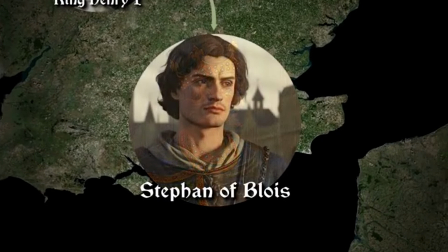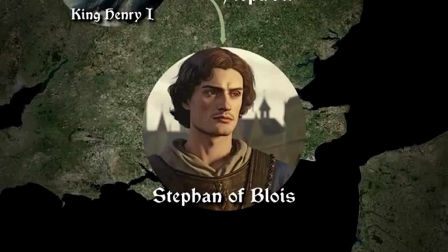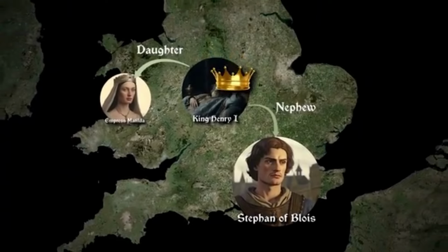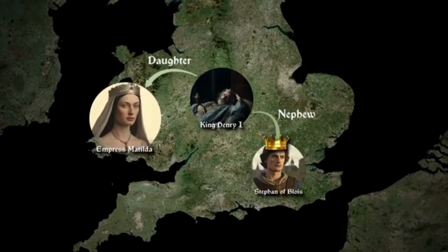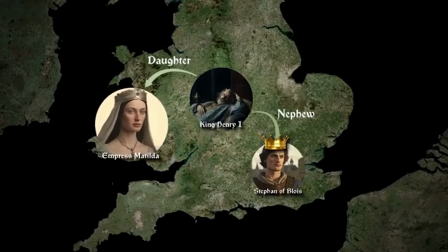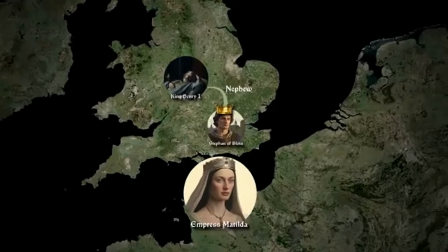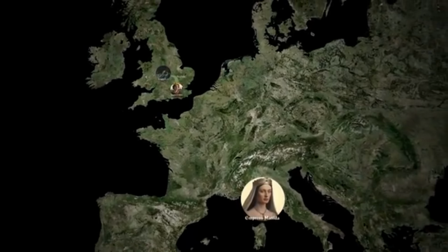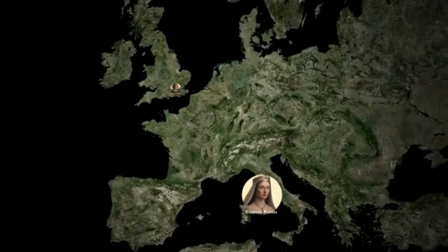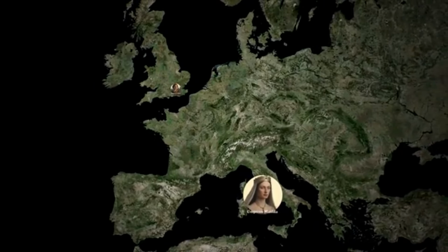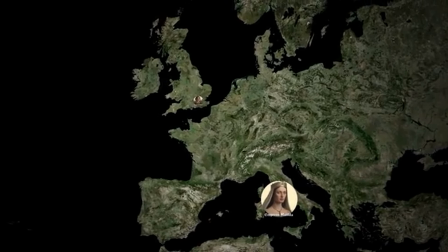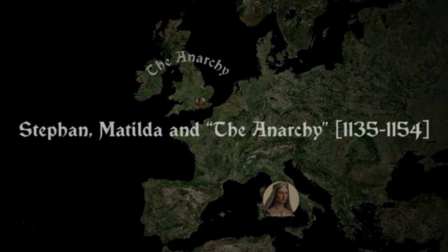He was respected, well-mannered, decisive, and best of all, wealthy, traits that made him an attractive prospect to put on the English throne. Matilda, meanwhile, was stubborn, arrogant, and because she had been married off at a young age to the Holy Roman Emperor and therefore spent her life away from England, she was considered by many a foreigner. What followed was a period of English history that later came to be known as the Anarchy.